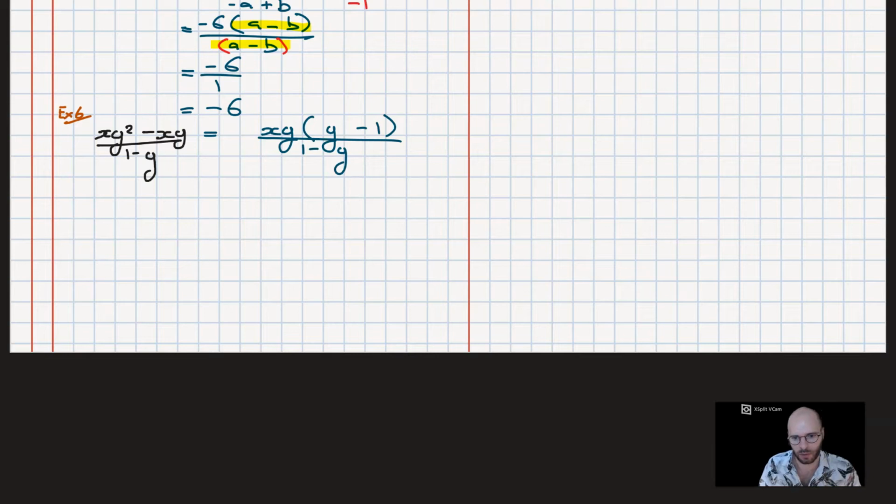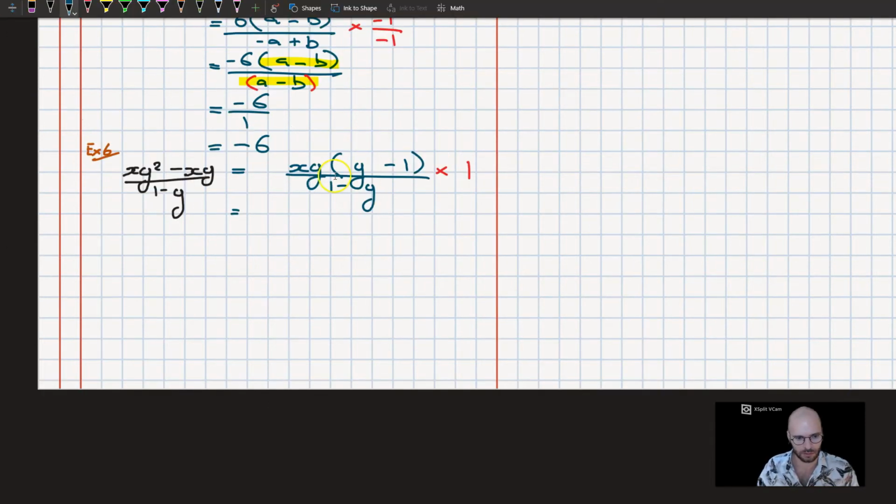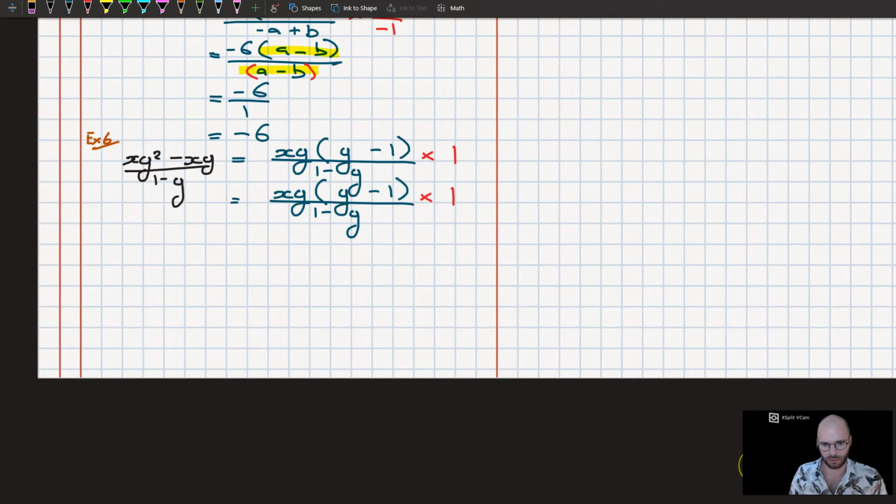Now let's multiply both the numerator and denominator by 1, like so, and we'll go from it being just 1 to, we'll turn it into a times negative 1 over 1. So minus 1 over 1 is the same as writing 1. Alright?